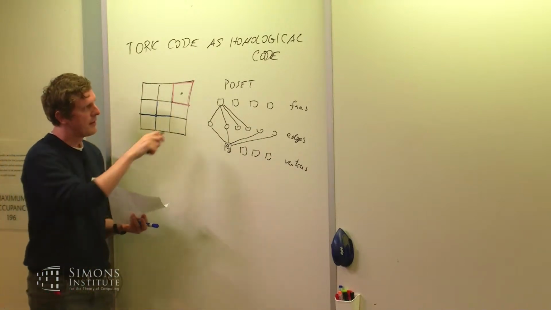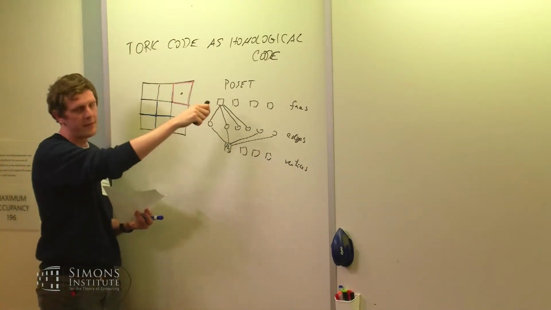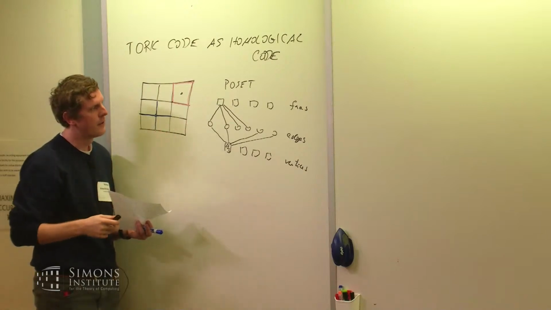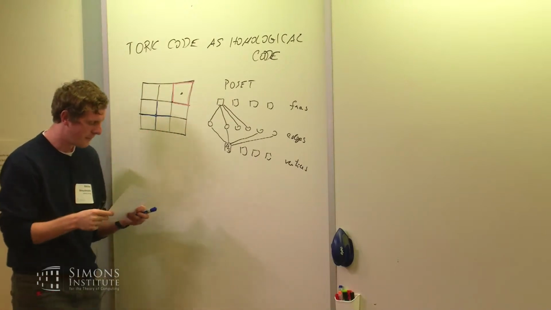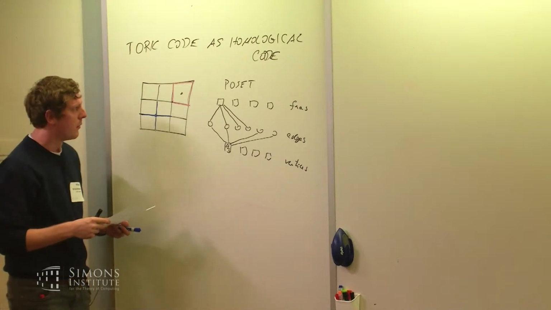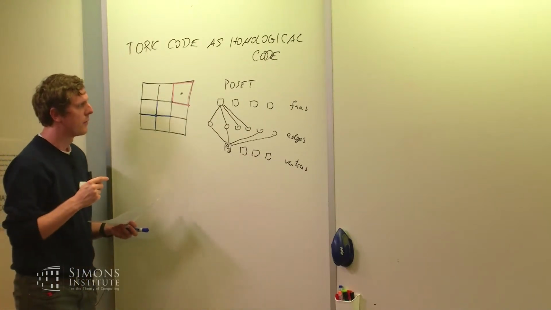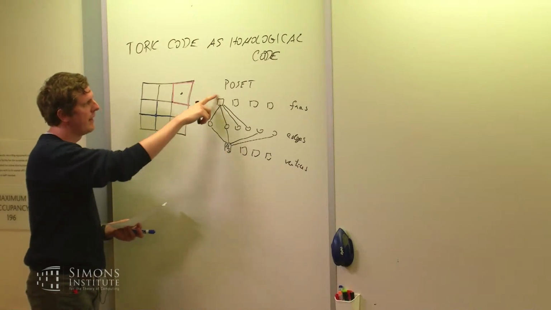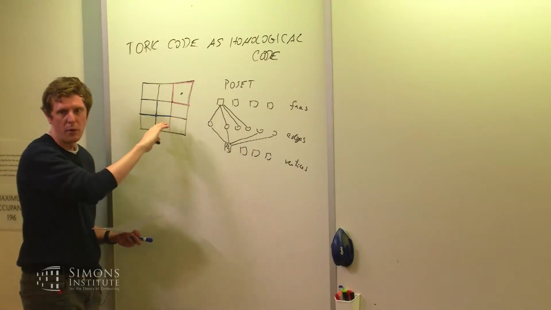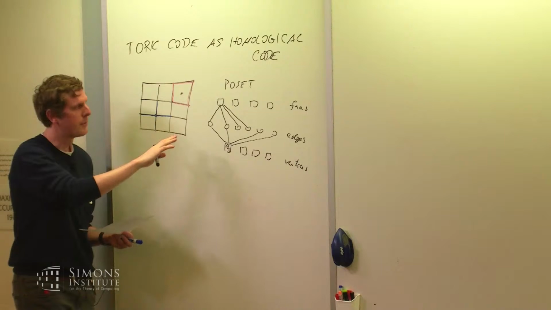But now you see this incidence relationship between faces, edges, and vertices is exactly the Tanner graph, right? And more importantly, this is also something that John told you, that if you take any vertex and any face, they will always either overlap on 0 edges or they will overlap on 2 edges.